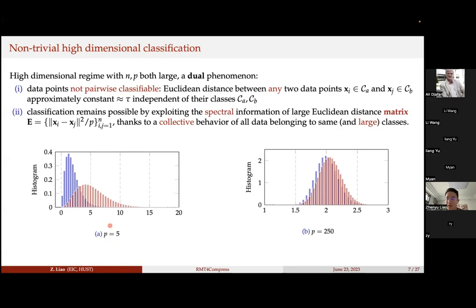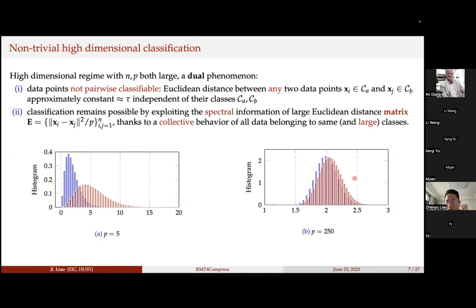For p equal to 5, our small dimensional intuition still holds: data points from different classes are far away from each other, giving this red histogram. And we also have the blue one, computed from the Euclidean distance between data from the same classes. We have this idea of being close to or far away from each other.